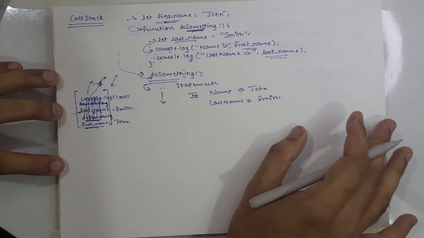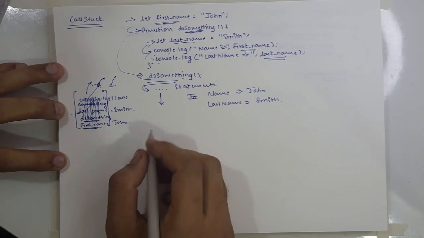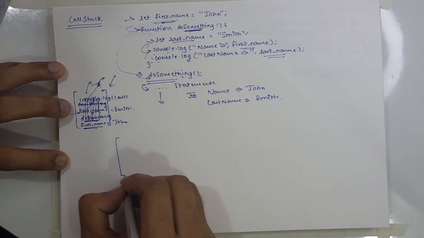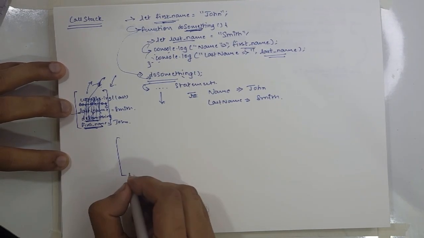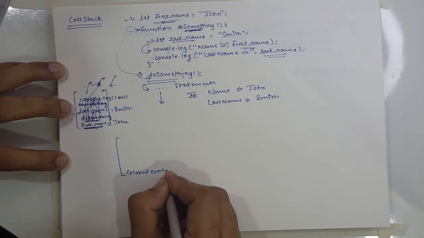Now, this was the very high level understanding, but let me tell you what happens first of all. When the JavaScript code executes, it doesn't directly insert first name over here. There is something called the global context.